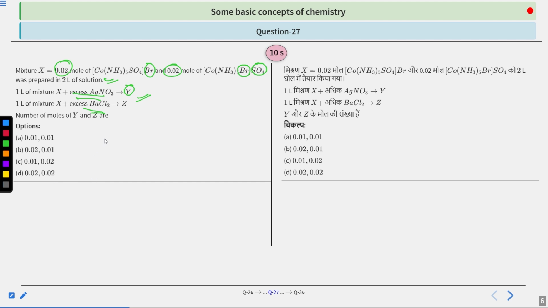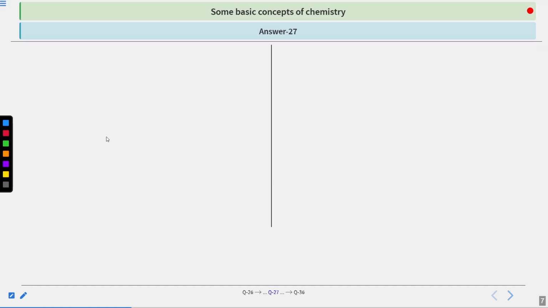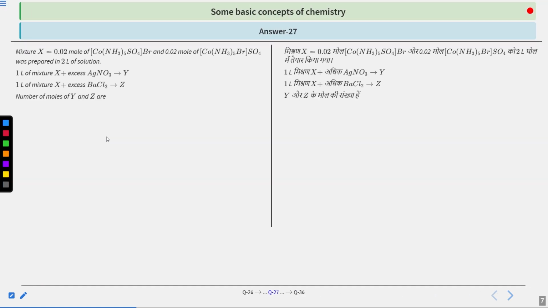Your time starts now. Okay, now let us see the solution. First of all, we already understood the question. We have taken a mixture named X, and in that X we have 0.02 moles of this species and 0.02 mole of this species. So two species are there, and we are making a mixture of 2 liter.